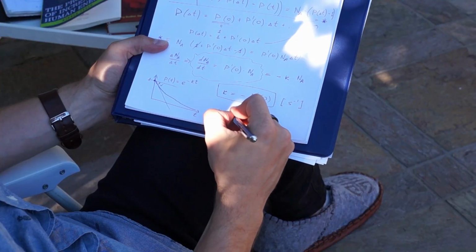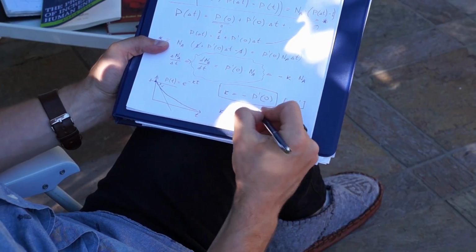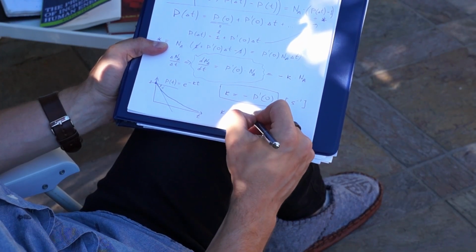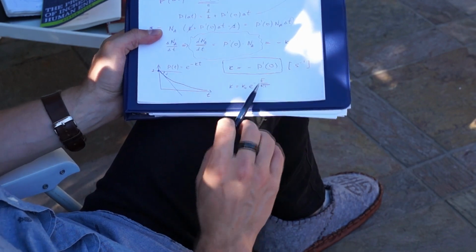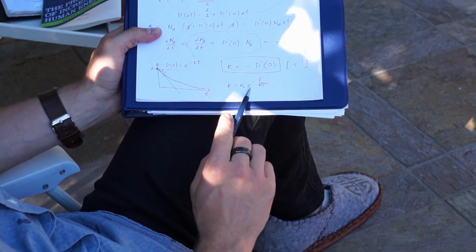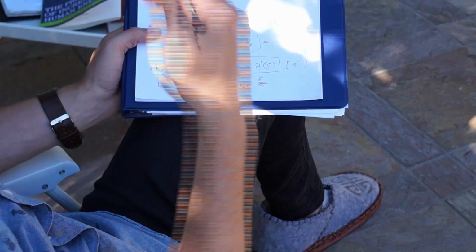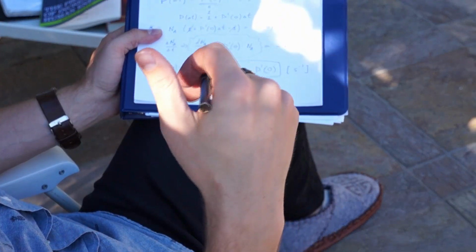So for typical monomolecular reactions, k usually has a dependence like that, e to the minus E over RT. We're not going to talk about it right now. It's some exponential factor showing the barrier of the reaction.